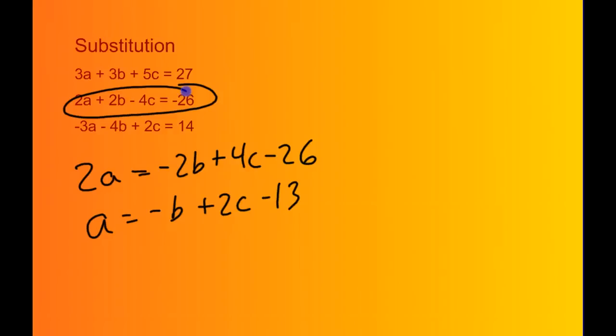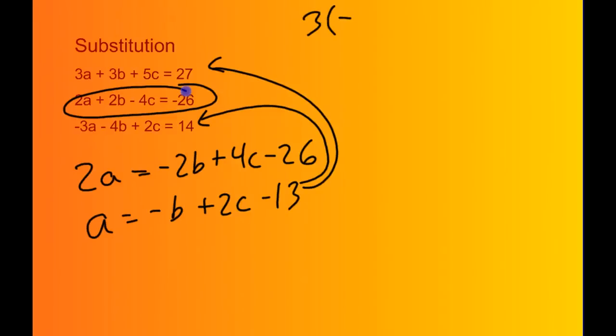Now, I could go back to my other two equations, that one and substitute for A with negative b plus 2c minus 13. That's supposed to be a c.